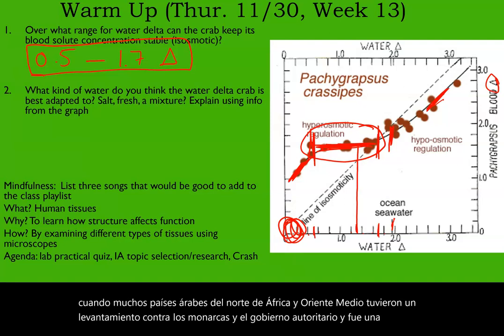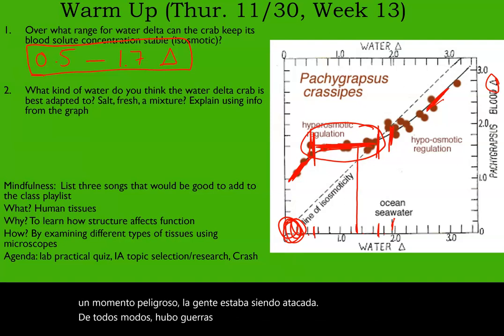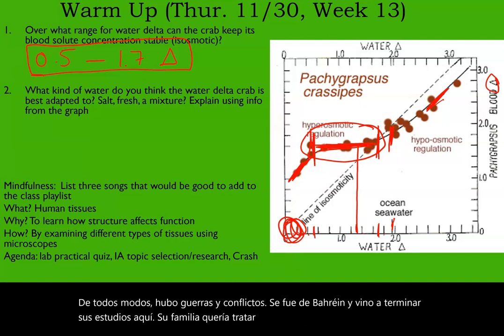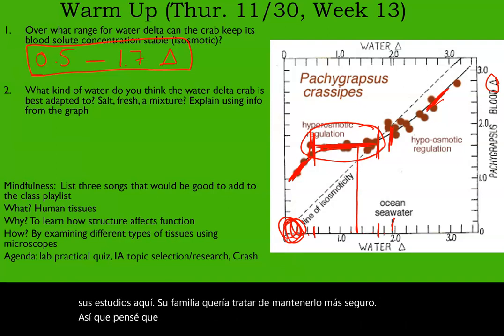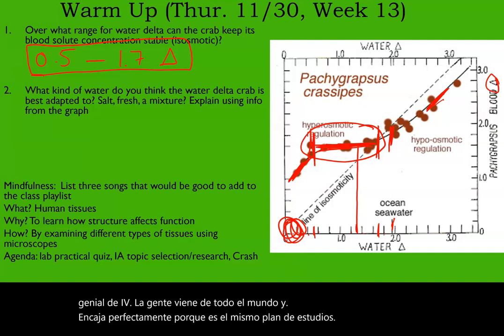People were getting attacked, and there were wars and conflict. Anyway, he left from Bahrain and came to finish his schooling here. His family wanted to try to keep him safer. So that was pretty cool. That doesn't happen in other pathways, right? That's a cool thing about IB. People come from all over the world and fit right in because it's the same curriculum, the same ethos and everything.